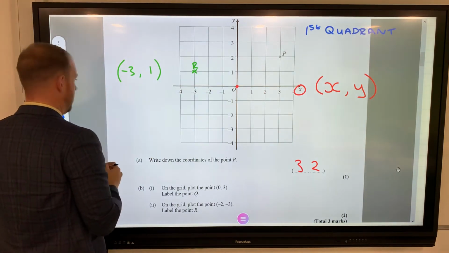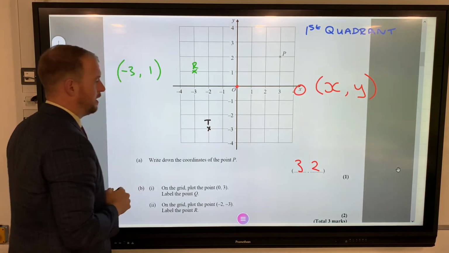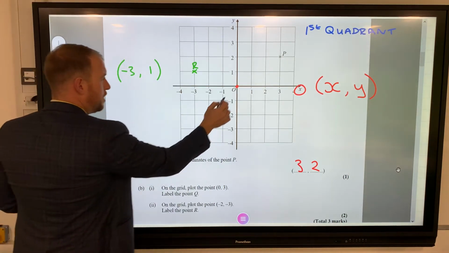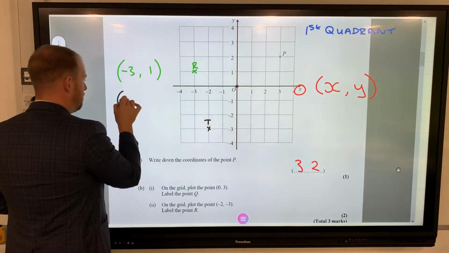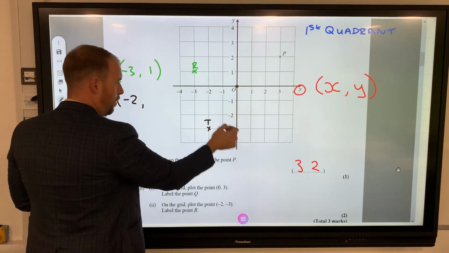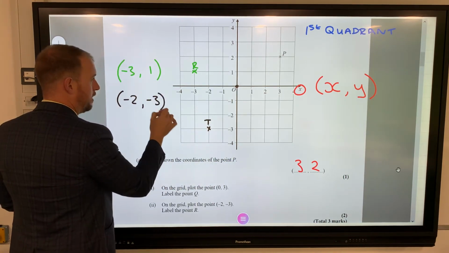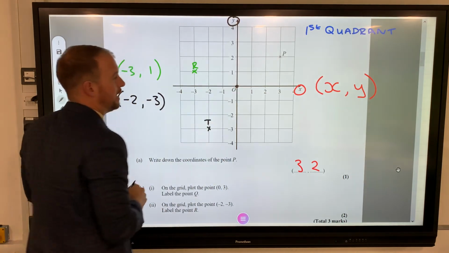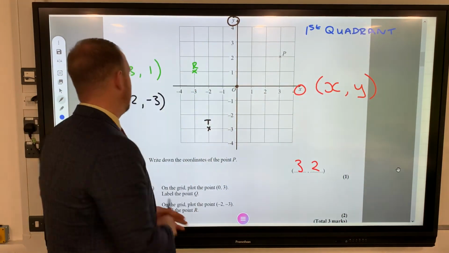If I had a coordinate here, and let's put the letter T. So T then starts in the middle. My x value would be -2, and my y value would be -3. Okay, it says y there for you, so you've even labelled it to make it clearer. So x first, then y.